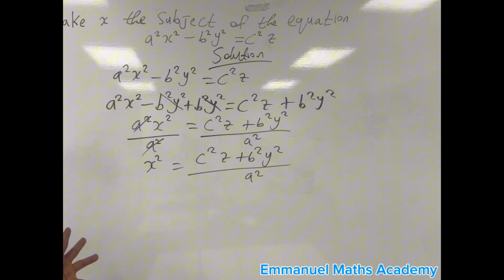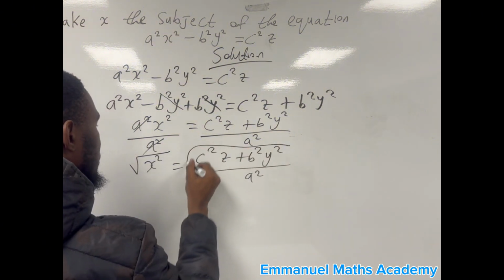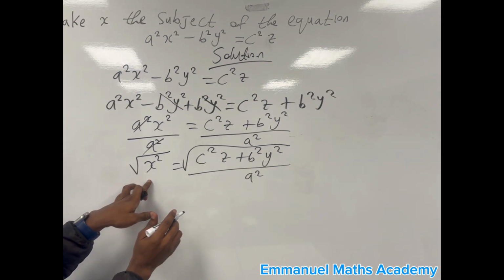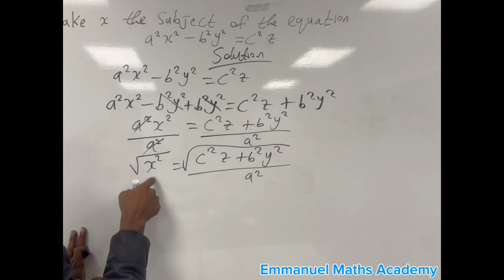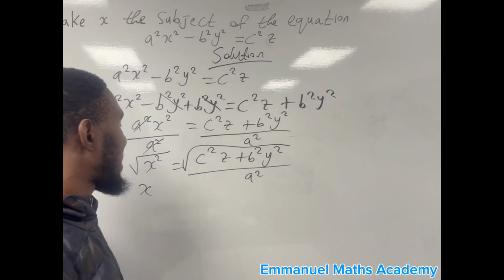So what do we do next? We take the square root of both sides, all right? If we take the square root of both sides, hence we'll be having x, because the square root of any number raised to the power 2 is that number.